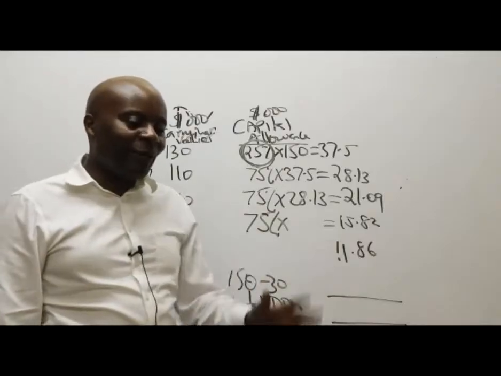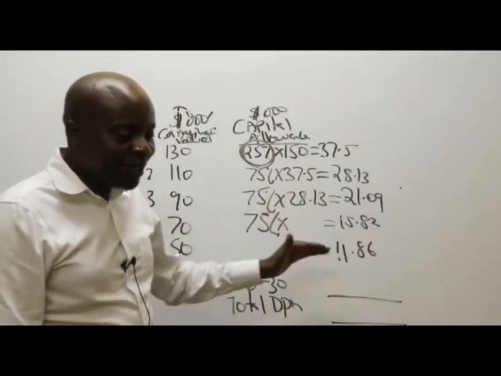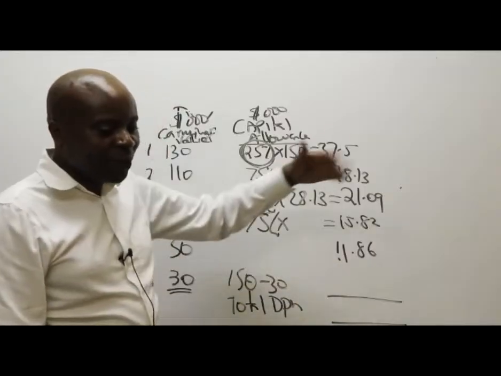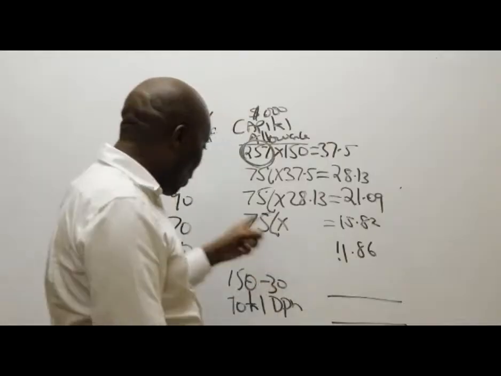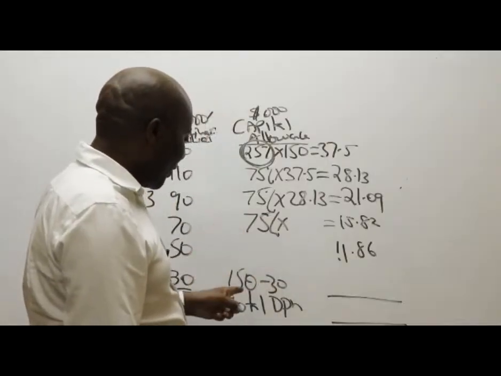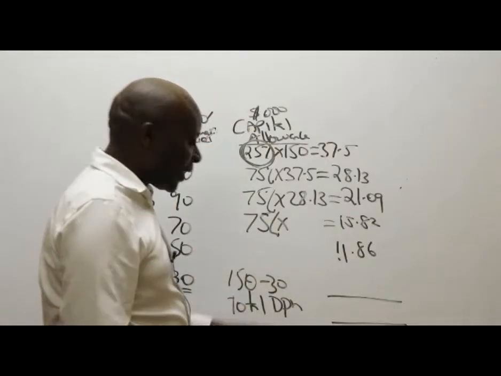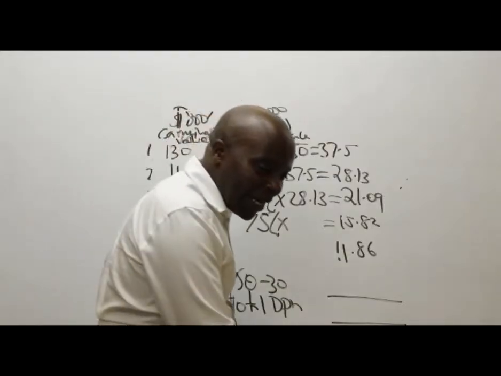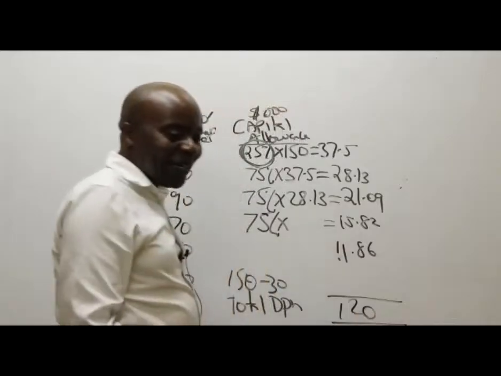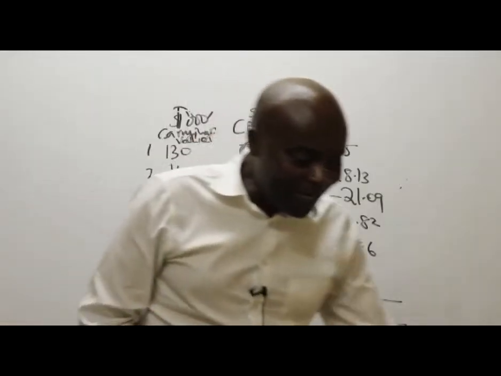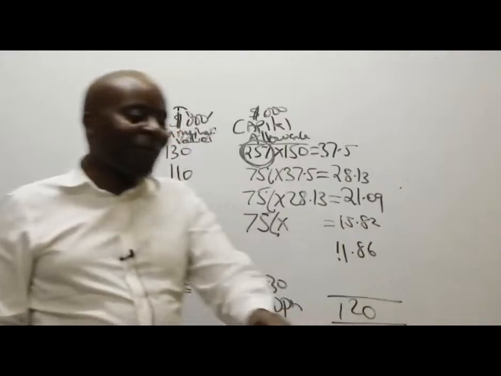Wachana hizo za kitambo. Let's focus here. If these are correct, tunaachana nazo. Hiyo ingine kama tulikosea siku hiyo, bahati mbaya, wache kae huko. Acha itakuja kwa mtihani. Tu focus hapa. So total depreciation is 150 minus 30, which gives me 120. Mayom, wachana hiyo story.